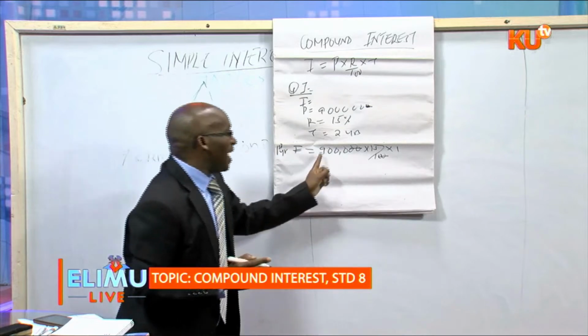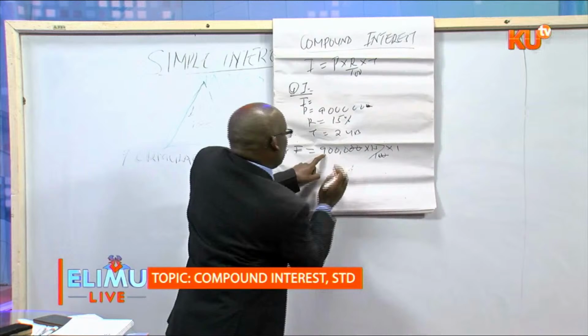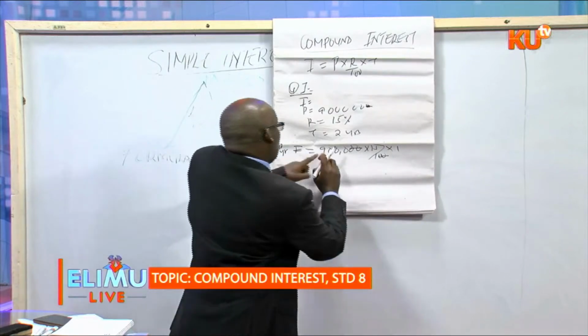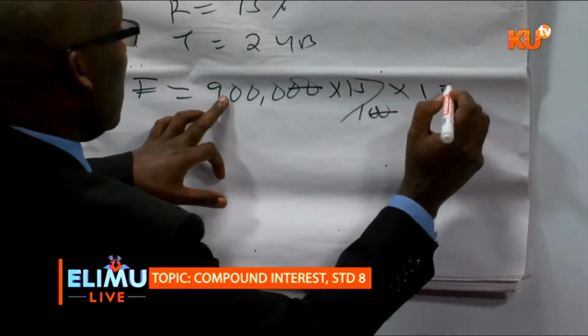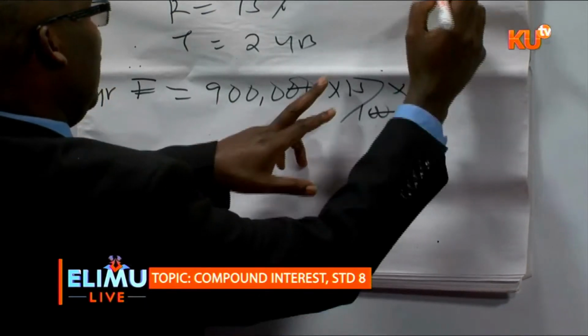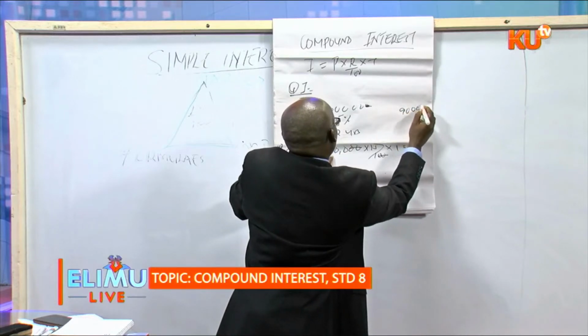So to multiply 9,000 by 15, I'll first of all take 9,000 multiplied by 10, which will give you 90,000. This will save you time.